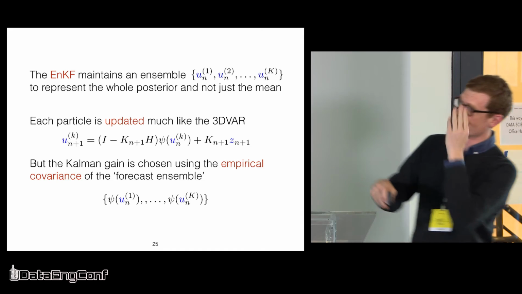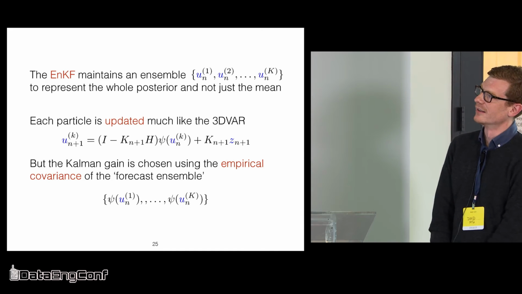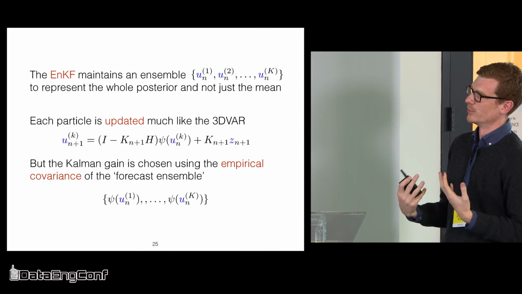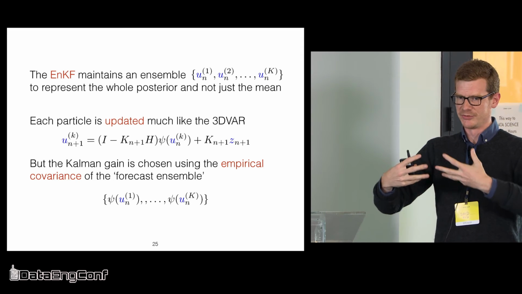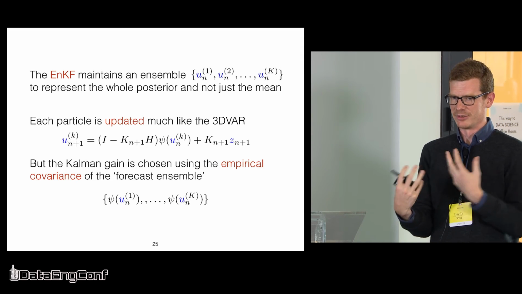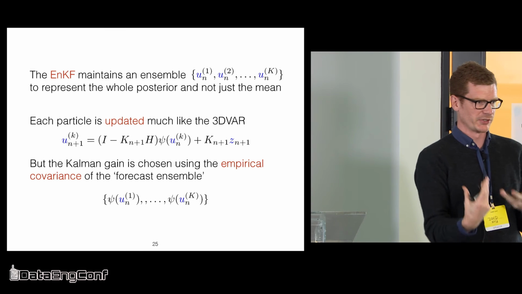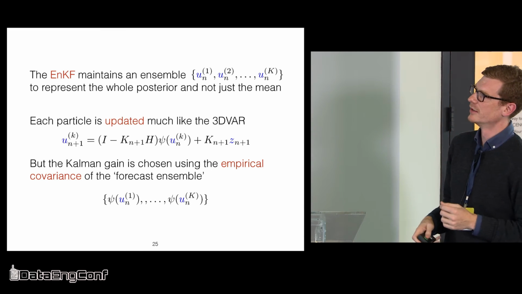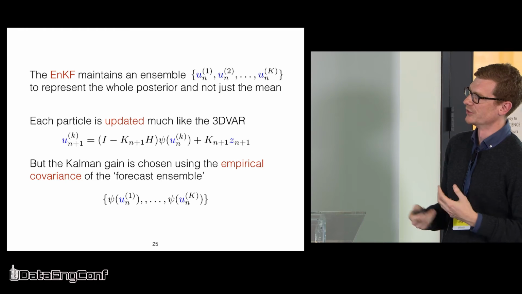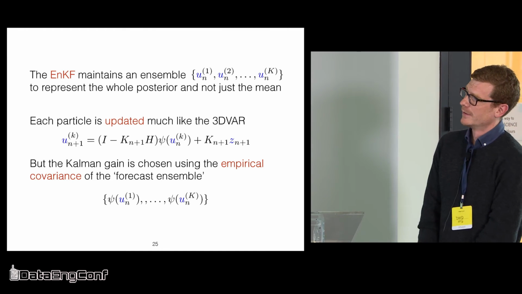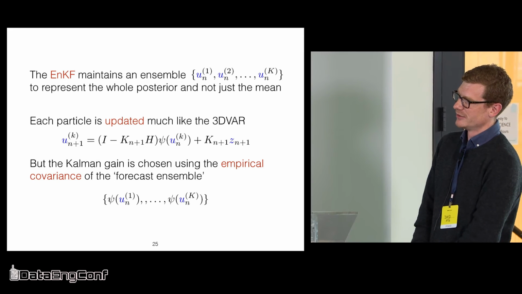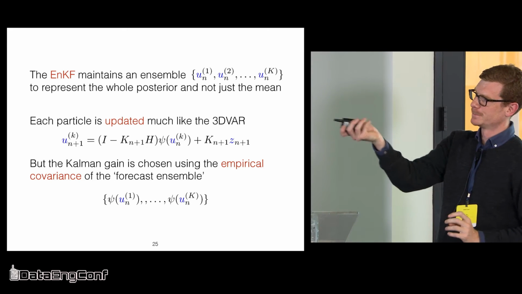Okay, so how does EnKF work? You want to maintain this ensemble. Just like in that picture, where we had an ensemble of state estimates, now we have an ensemble where all the particles are coupled together. We want them to represent the whole posterior and not just the mean. Each particle is updated just like 3D VAR.